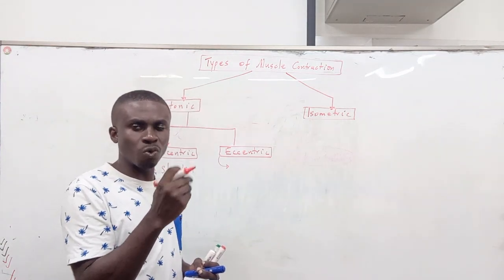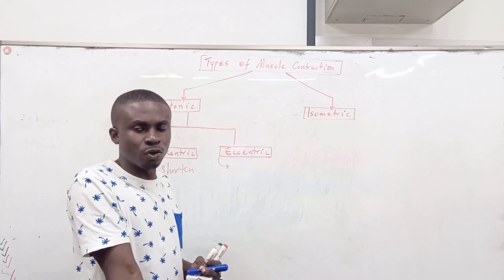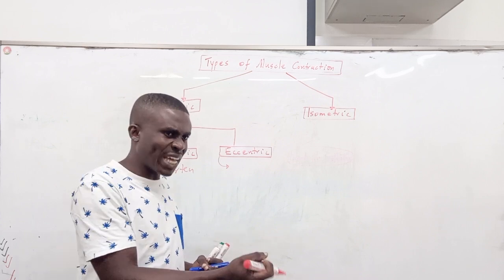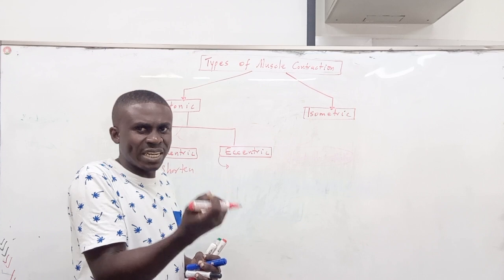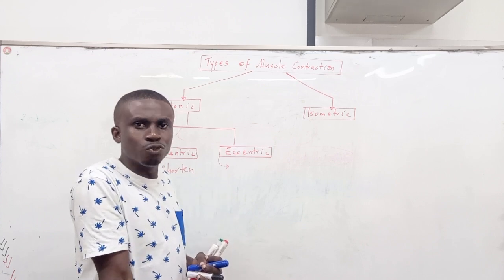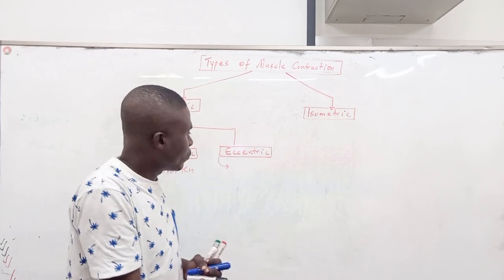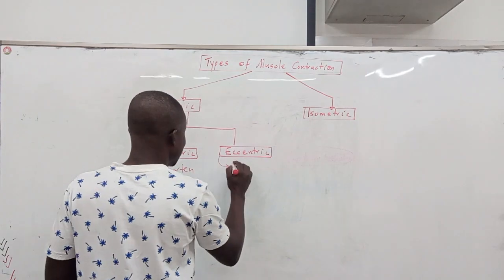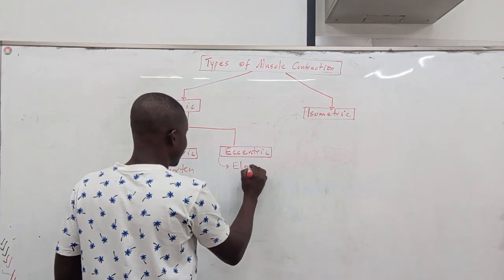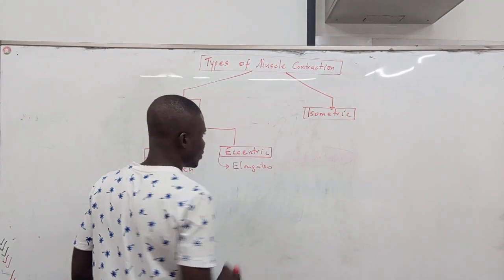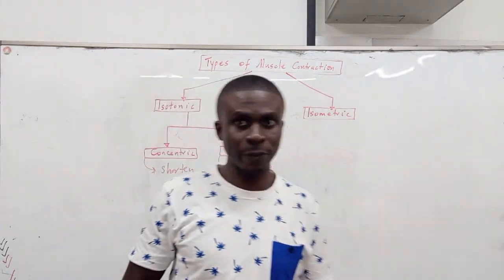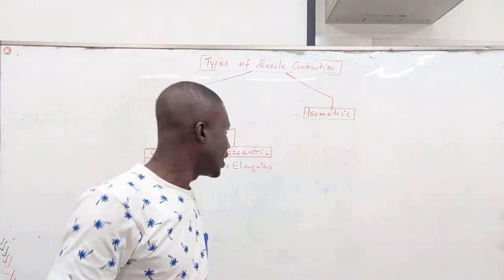Therefore, the muscle gets elongated. You have applied the maximum effort, now it's constant, you can't do anything again. But still, you are not able to hold on to it because the weight of the load is heavier. So in this case, the muscle elongates. That is what we are seeing.